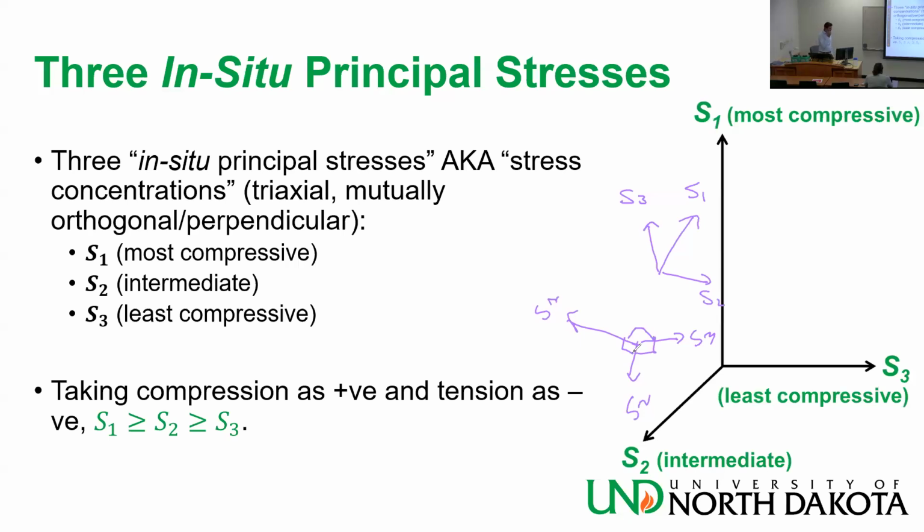It's like the left-hand rule or the right-hand rule. I can move it as I want, as long as they are at 90-degree angles from each other. And then I need to make sure what I call S1 has to be called S1, what I call S2 has to be called S2 and S3.